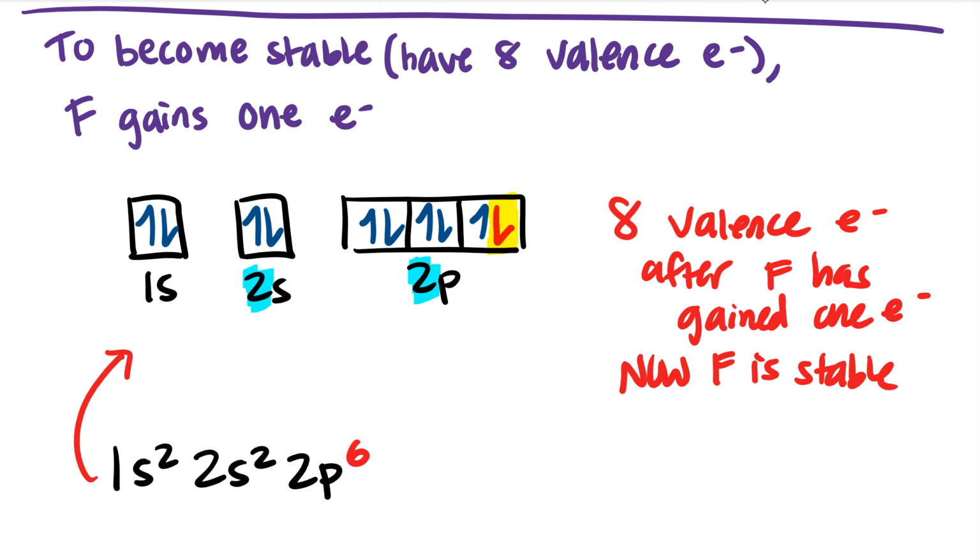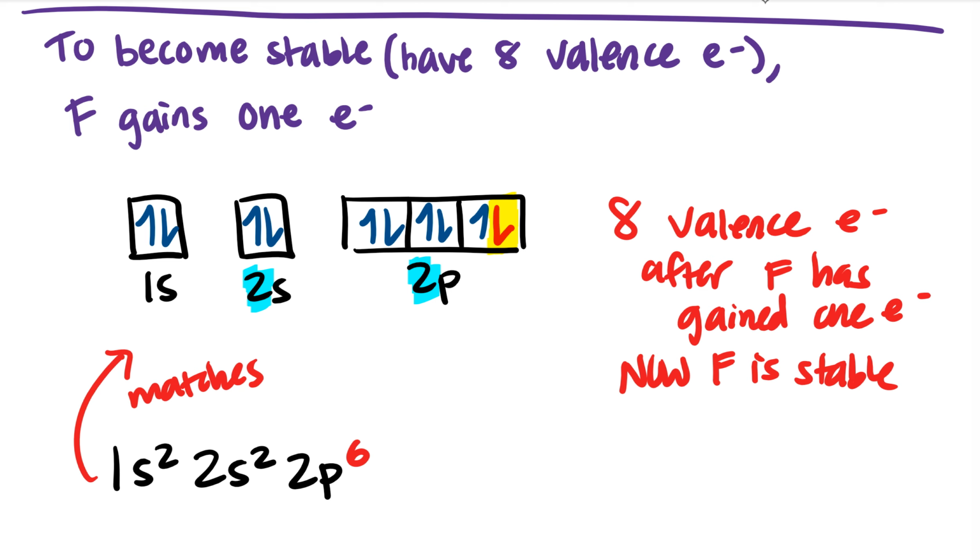This electron configuration now matches what we have in our orbital notation. And you can double check yourself. How many valence electrons are in this electron configuration? We have 8 valence electrons. So fluorine can become stable by gaining 1 electron, and it's gaining 1 electron so it can have its 8 valence electrons.